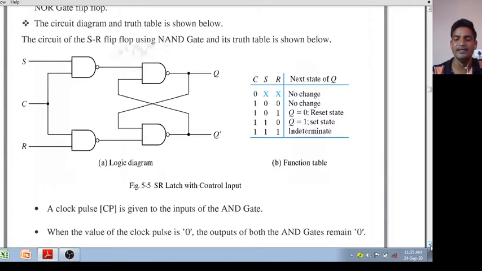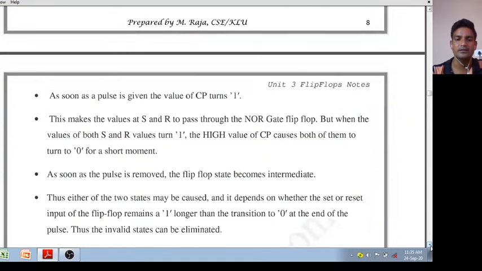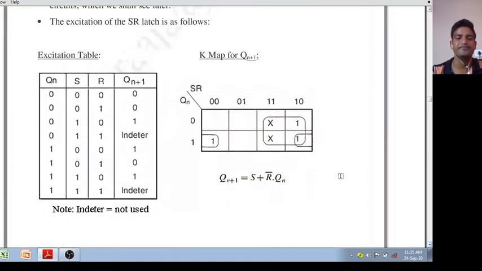Now I will expand this diagram, and this is your expanded characteristics table, not excitation table. Actually I have downloaded this from internet, and I will also share this PDF with you. This is not excitation table. Later on I will tell you how to draw excitation table. Actually this is your characteristics table.